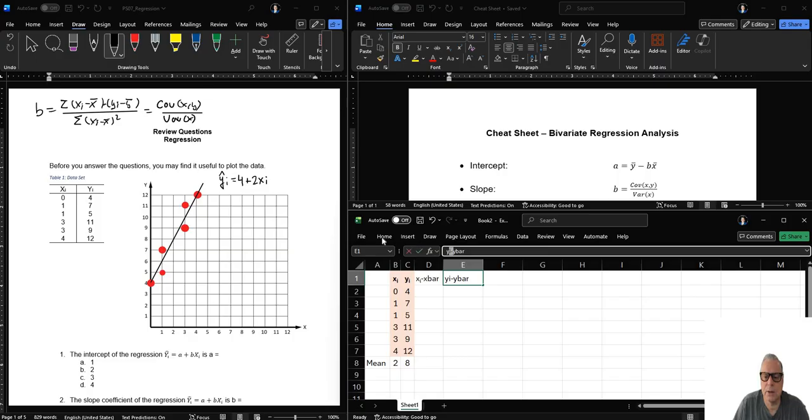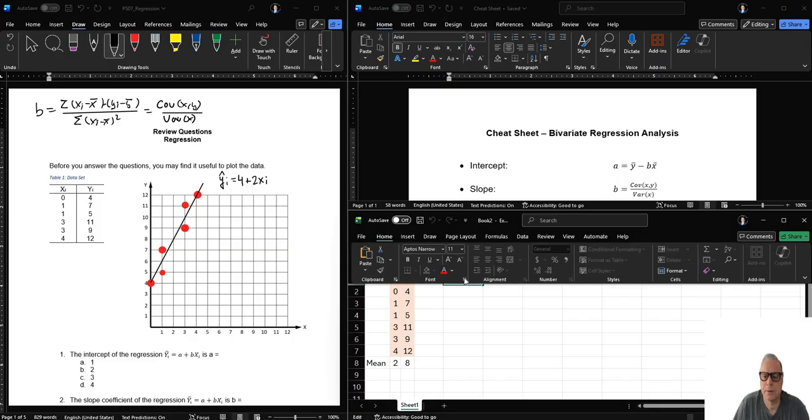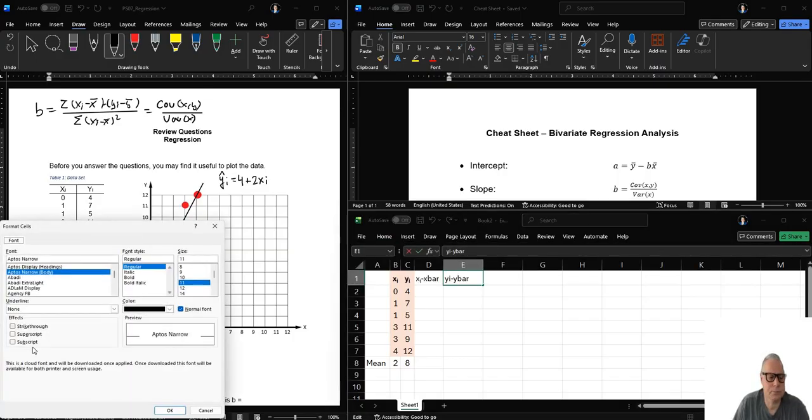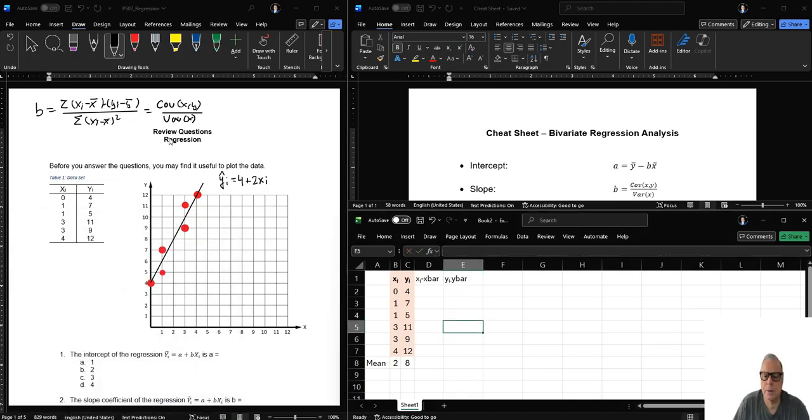Then we need also x_i minus x bar squared, so (x_i minus x bar) squared.